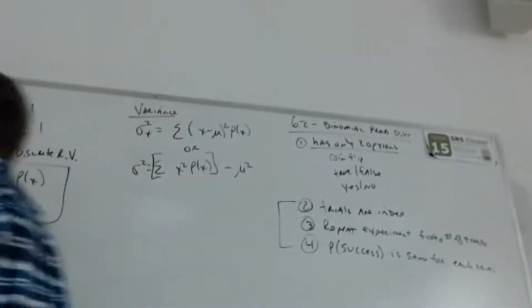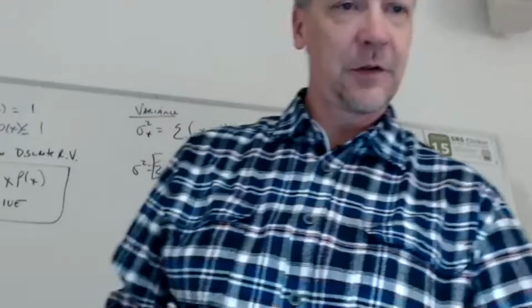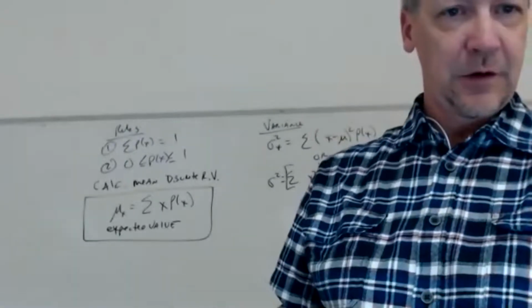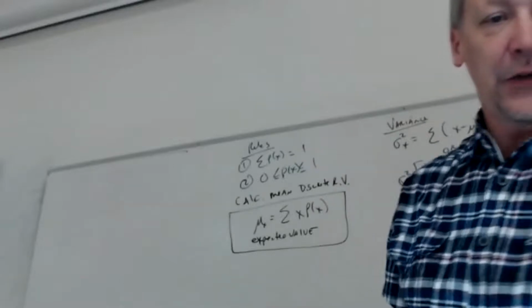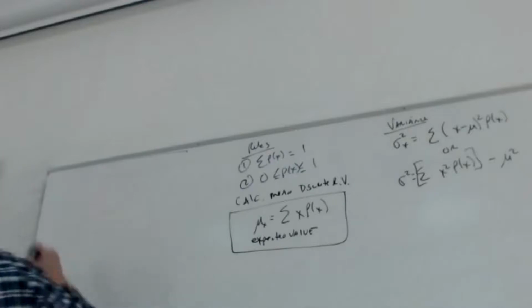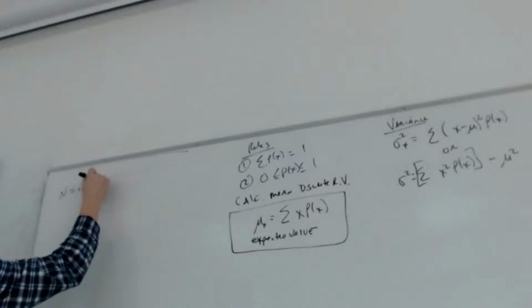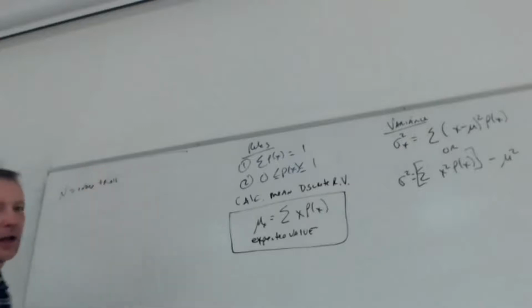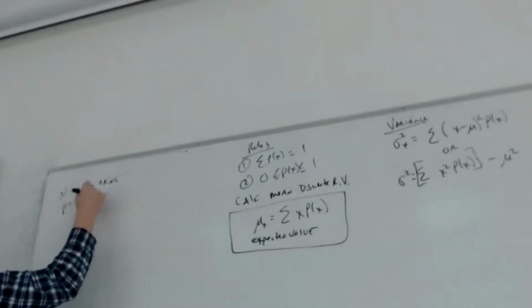So as far as notation here, I guess I should move this over. All right. As far as the notation goes, you can do n equals the independent trials. You're going to let P equal your probability of success.